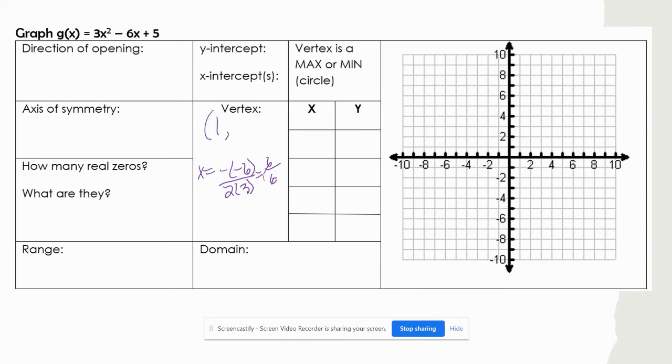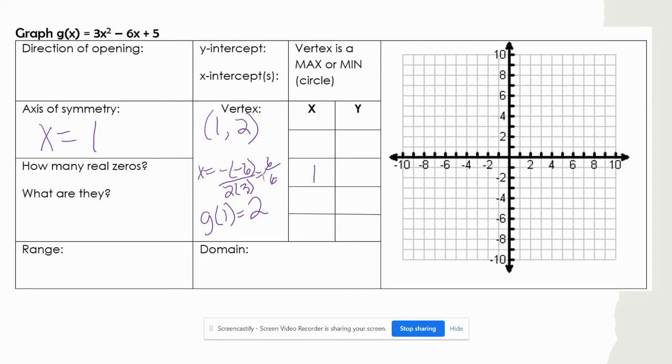So the x value of our vertex is 1. That means our axis of symmetry is that x is equal to 1. And then if I plug in 1 to our g function and I do that math, I get 2 for an answer. So our vertex is at 1, 2.